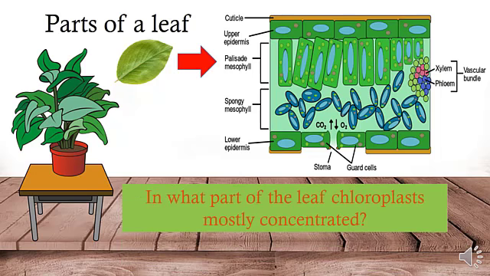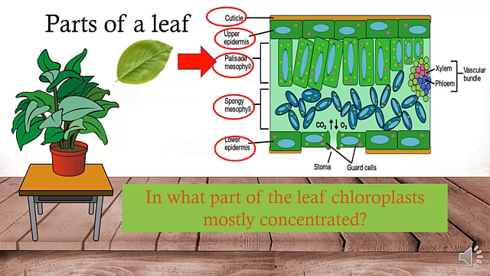In what part of the leaf is chloroplast mostly concentrated? For you to know that, we have to know first the parts of the leaf. In the leaf, we have the so-called cuticle, upper epidermis, palisade mesophyll, spongy mesophyll, lower epidermis, stoma, guard cells, xylem and phloem, also called the vascular bundle.